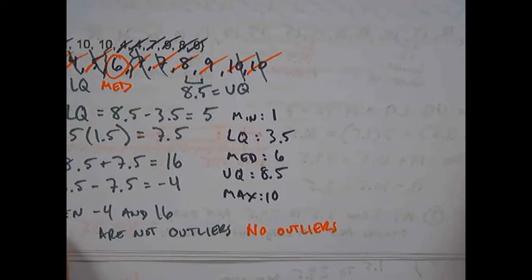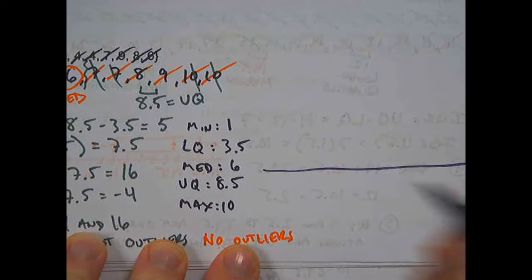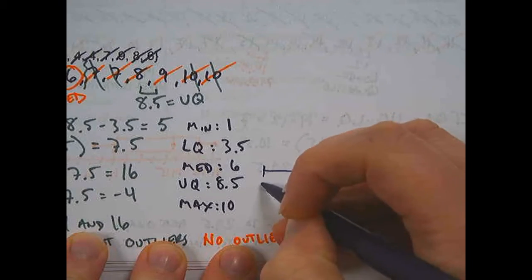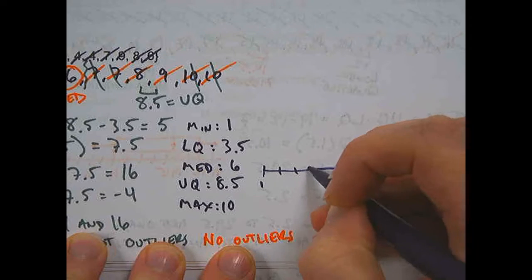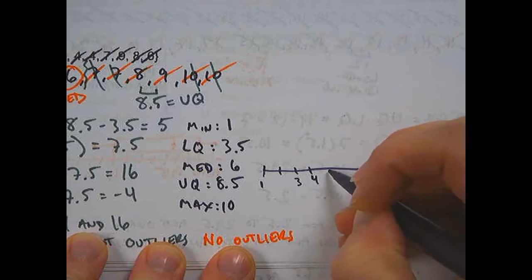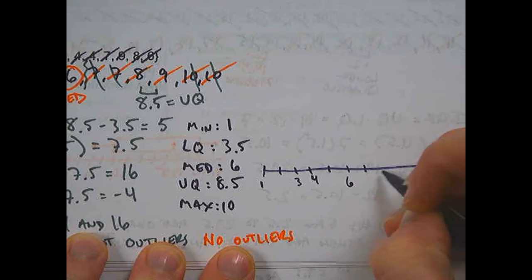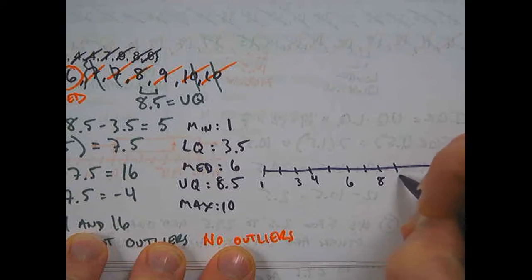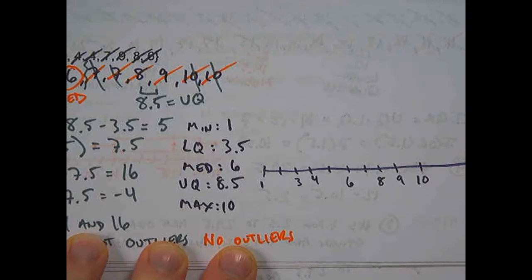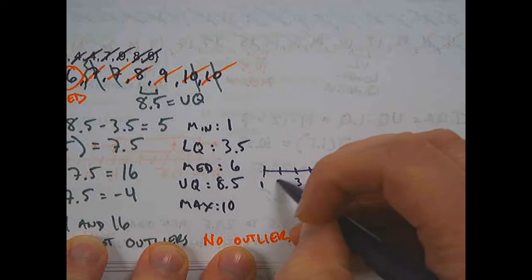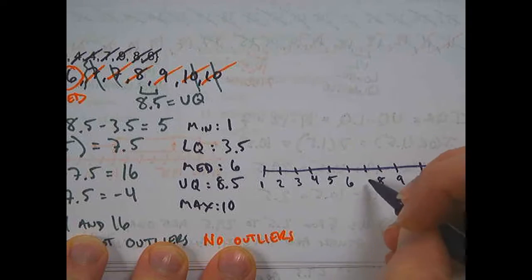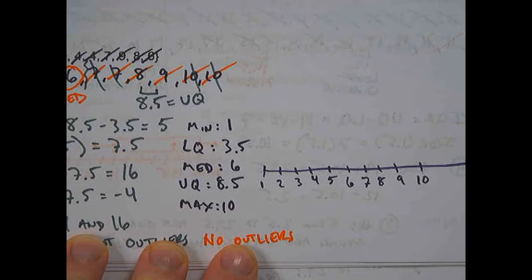Now over here we're going to make a quick number line. We just need the numbers 1 through 10. I guess we'll fill in the others too since it's such a small one, but really we need the ones that we care about shown down here.